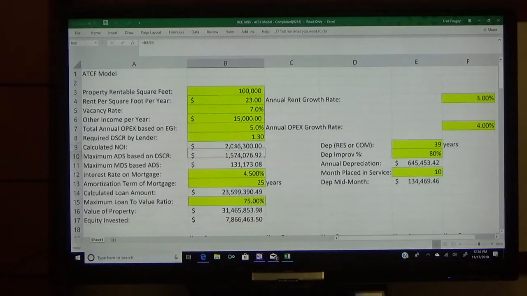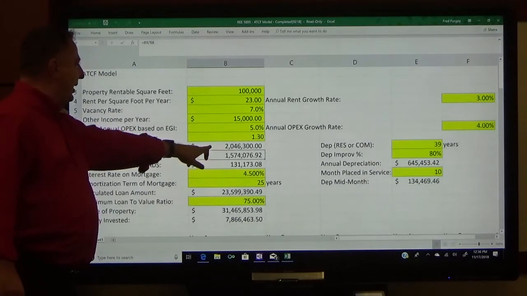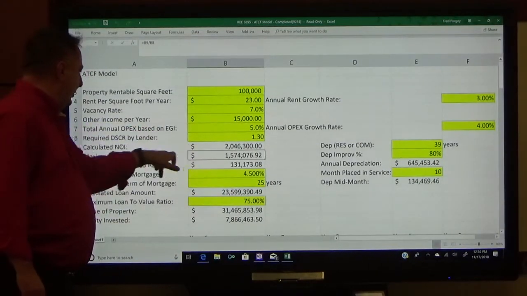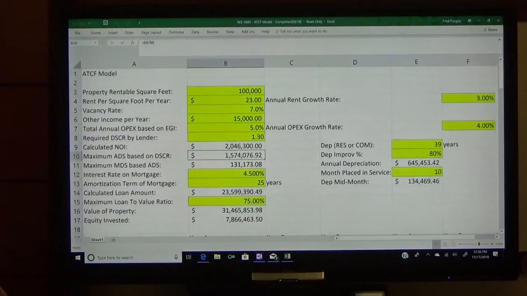I want to focus on some of the formula ones. Here we've got our maximum annual debt service based on the debt service coverage ratio. My assumption would be that all we're doing here is taking our net operating income number divided by our required debt service coverage of 1.3, and that's going to give us the 1.54 million. Okay? Divided by which one? Two right above it.